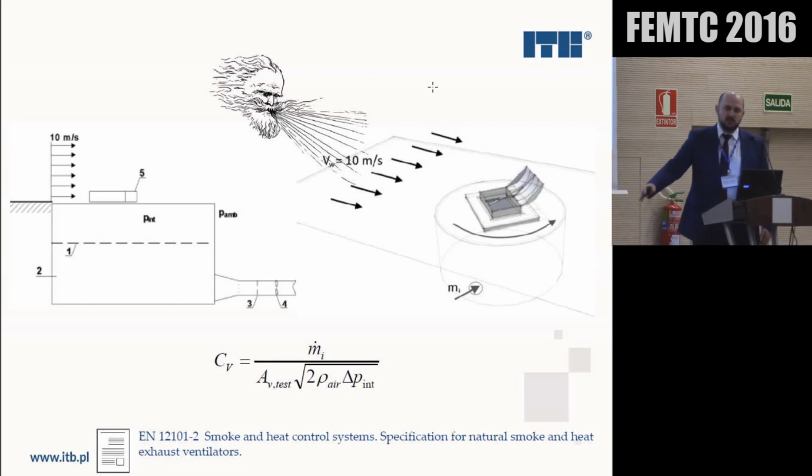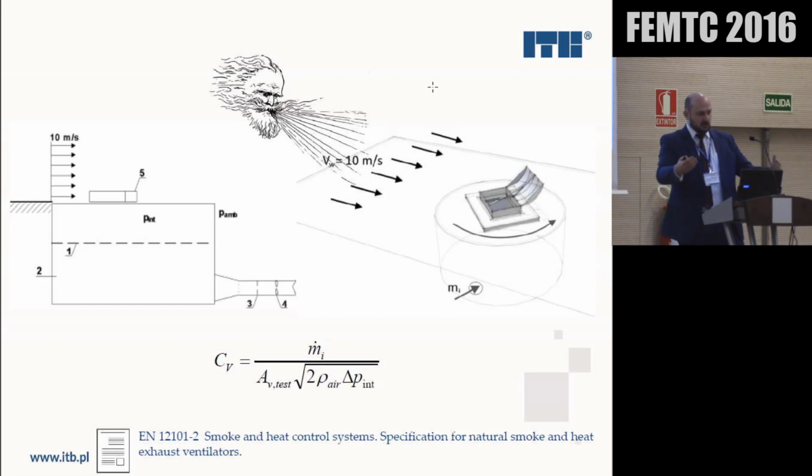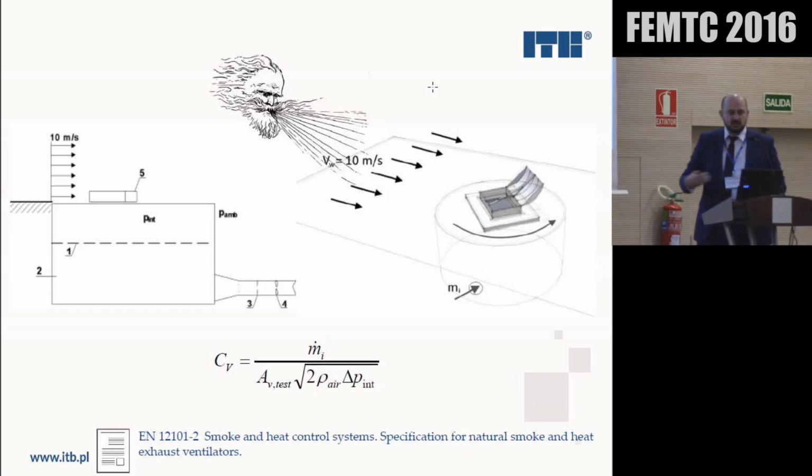The chamber is closed with the ventilator you are testing, and this whole chamber is inside a large wind tunnel. Then you push air on this area with a speed of 10 meters per second at a given turbulence intensity ratio. By comparing the mass flow that enters this chamber and the pressure difference between inside and outside of the chamber, you determine this coefficient value.